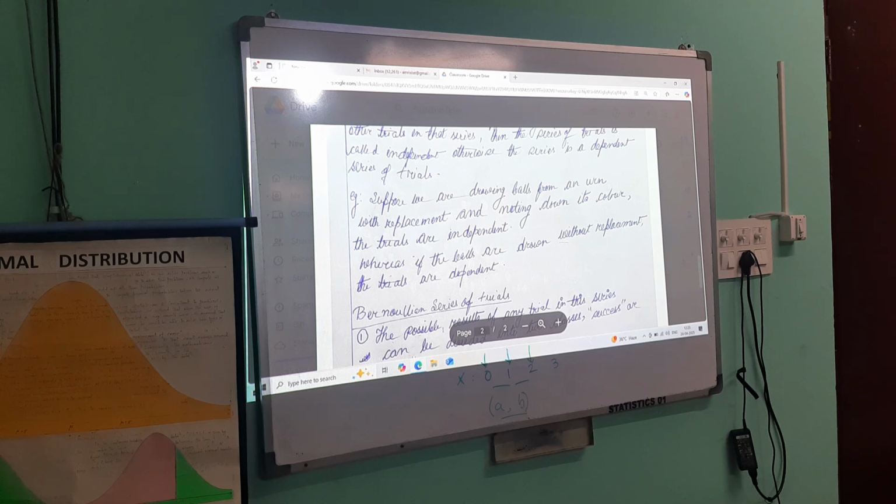I'm recording the colors of the balls that I'm selecting.